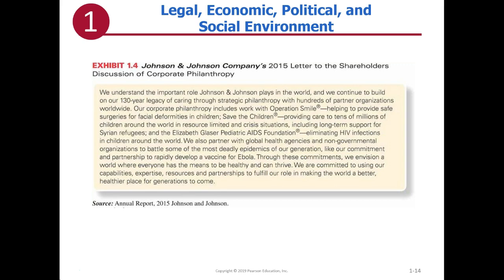So here's an example of Johnson & Johnson, and they voluntarily give out money to help what's called Operation Smile. And this is a big important part of what they do. So it doesn't make them money, but it's part of being a good corporate citizen. That's driven in part by the social pressures that are going on in today's business environment.